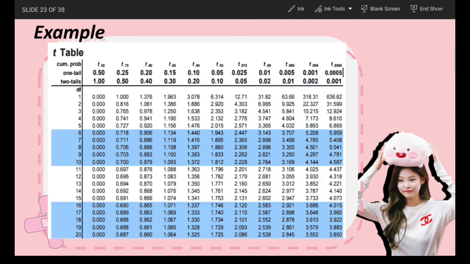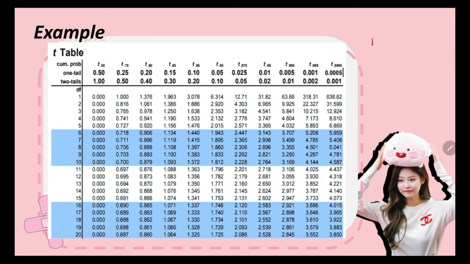Now, again, the number of sample size is 20. Therefore, the degrees of freedom is n-1. We have 19. So, hanapin muna natin yung 19. We have here the degrees of freedom, which is 19, and then the alpha level is 0.05. Since one-tailed, saan natin siya hahanapin? Dito. Okay po.